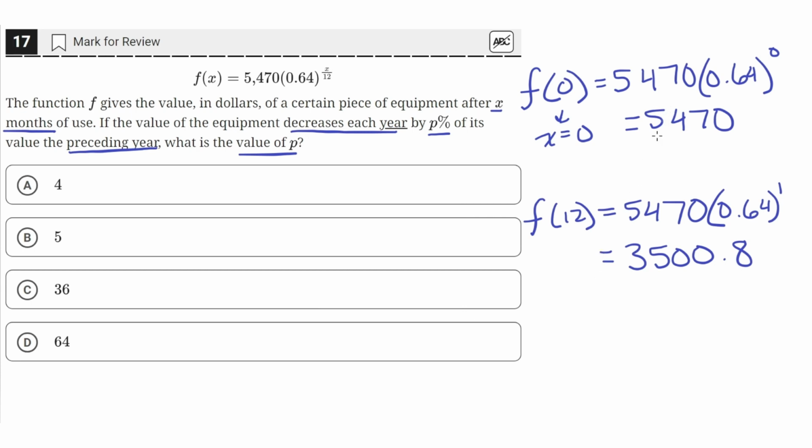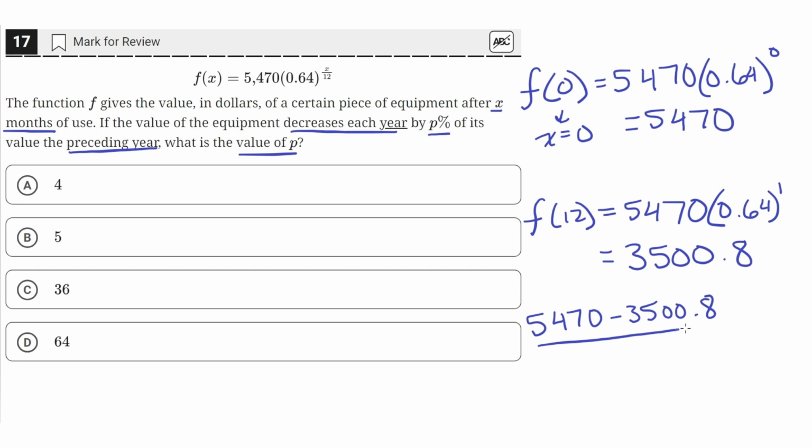Okay, so now we see that the value decreased by some amount. So let's find that percentage. So we can do that by just dividing the difference. So we'll just find the percentage change. So we'll see. 5,470 minus 3,500.8. So that's the change.